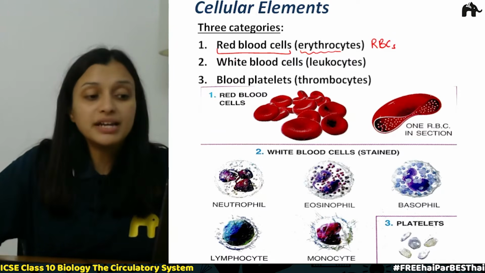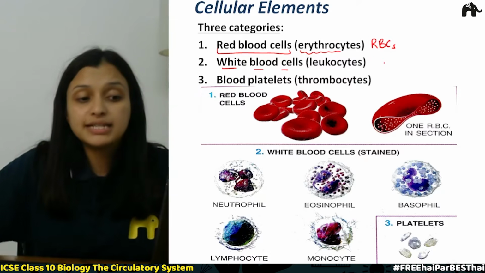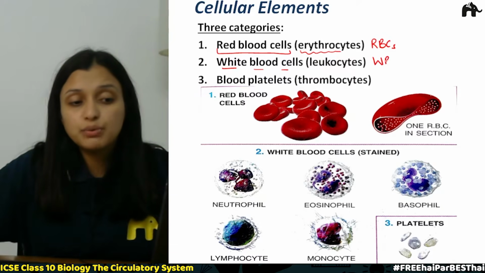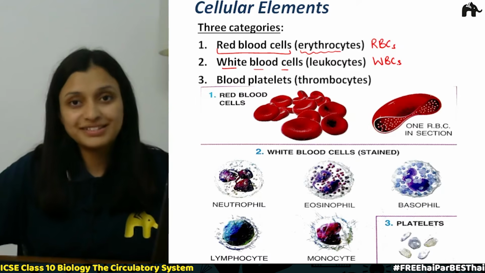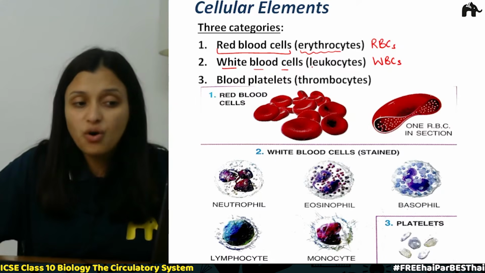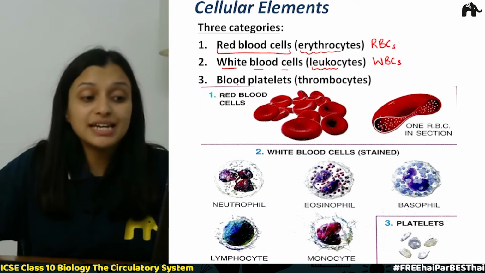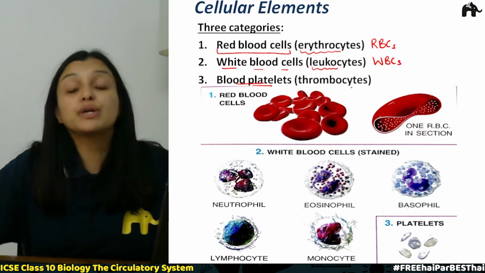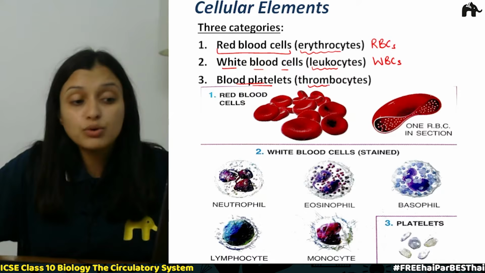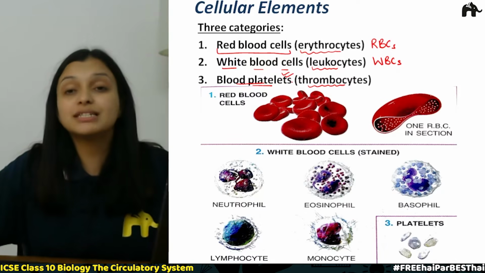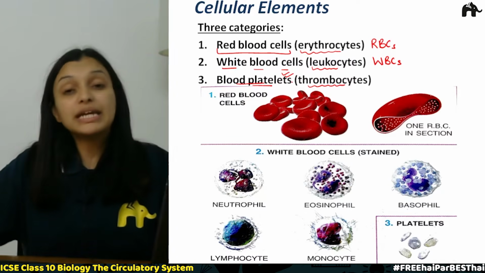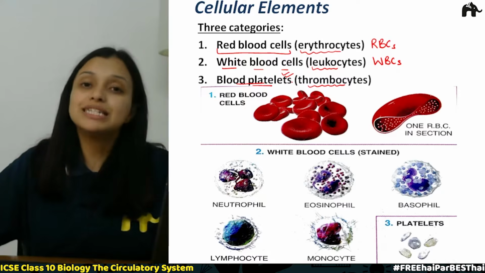Clear? The second one is white blood cells, WBCs, and we also call them leukocytes. Clear? The third one is blood platelets, which we call thrombocytes. So these are the platelets. Now in detail we will discuss each of them.